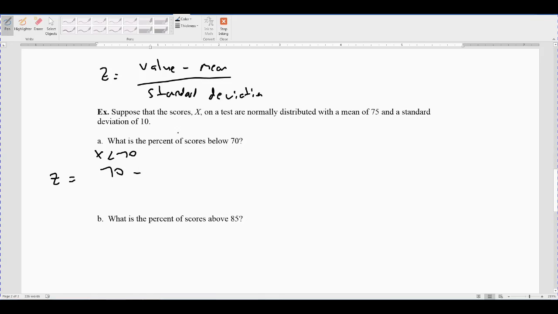So we have 70 minus the mean, which is 75, and divided by 10. So that is negative 5 over 10, which is negative 0.5. Got that? So we need a table value for negative 0.5. Or it's actually negative 0.50.